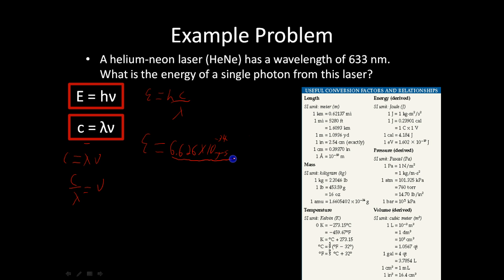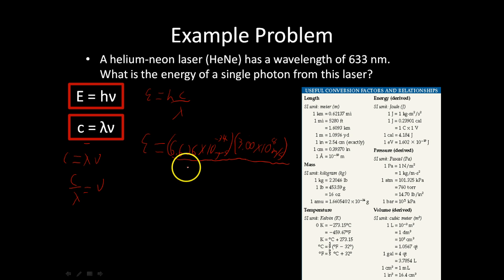Now joules is your energy unit here, and of course seconds is your time unit. Then we put in the speed of light, which to 3 sig figs is 3.00 times 10 to the 8th meters per second. So meters over seconds.